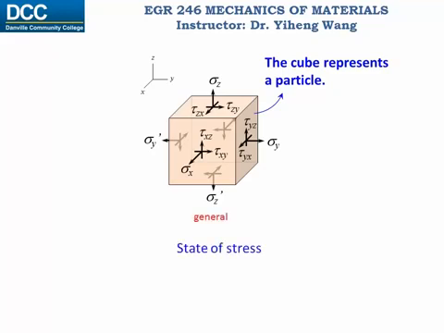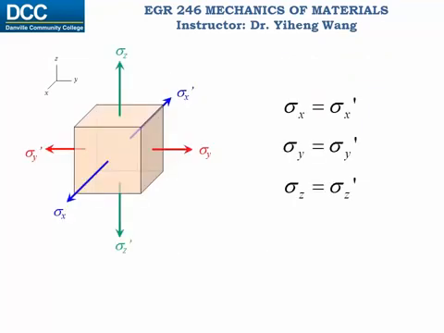If you recall what I mentioned in the introductory video for this course, in mechanics of materials, we still only study objects that are in equilibrium. Therefore, the equilibrium conditions still apply. Derived from the equilibrium conditions, we can have the following 2 conclusions. First, the normal stresses along the same direction must be pairs with equal magnitudes and opposite directions.